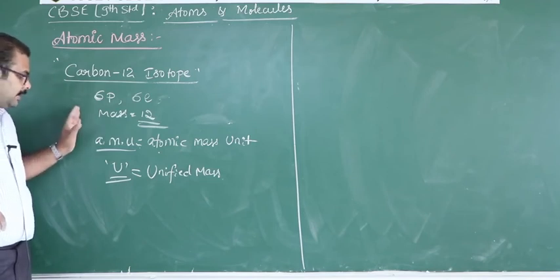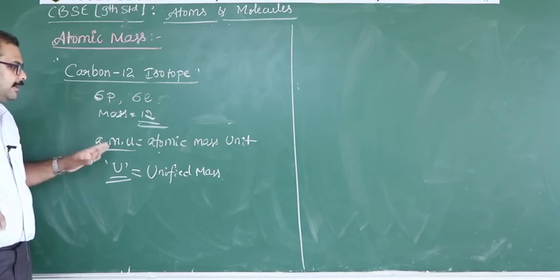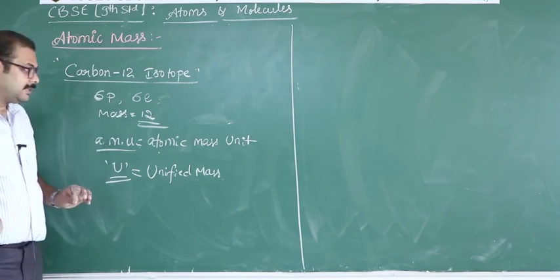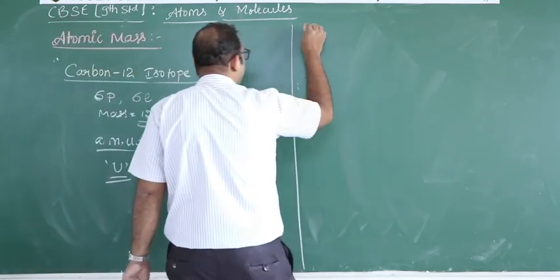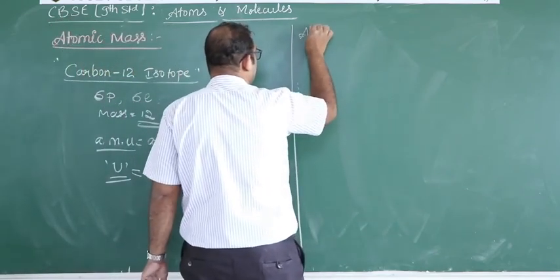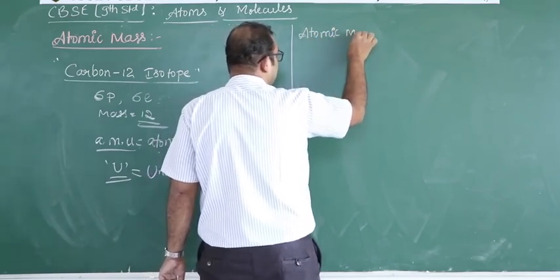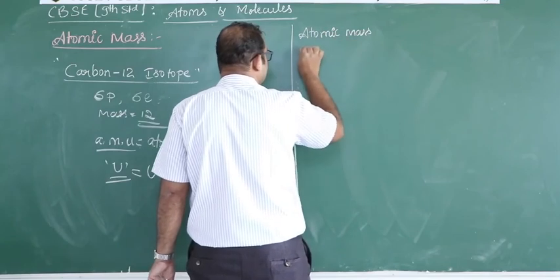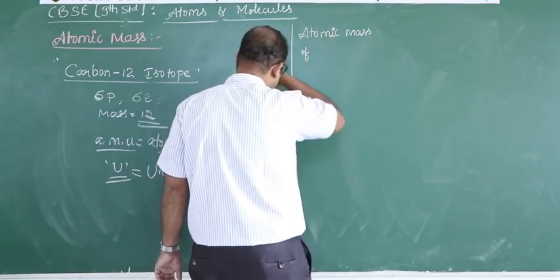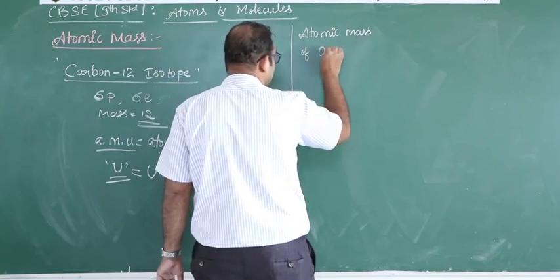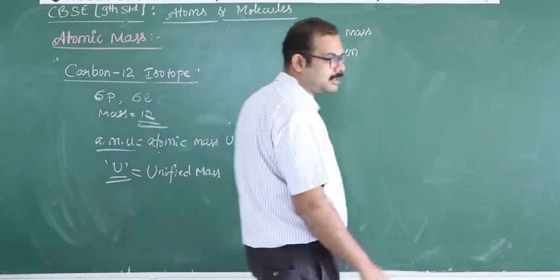Now let's see how to calculate the atomic mass of a particular element. For example, the atomic mass of oxygen. So we want to calculate the atomic mass of oxygen.